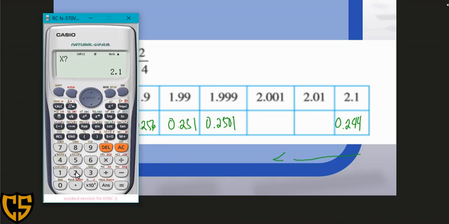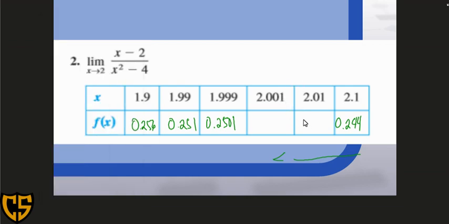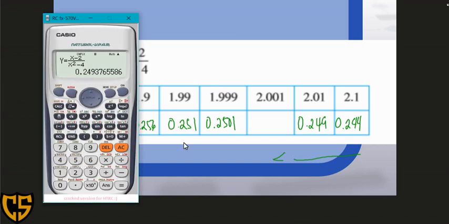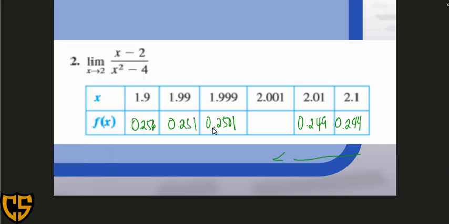We calculate 2.01, and our answer will be 0.249. Next, for 2.001, we calculate, and our answer will be 0.2499.